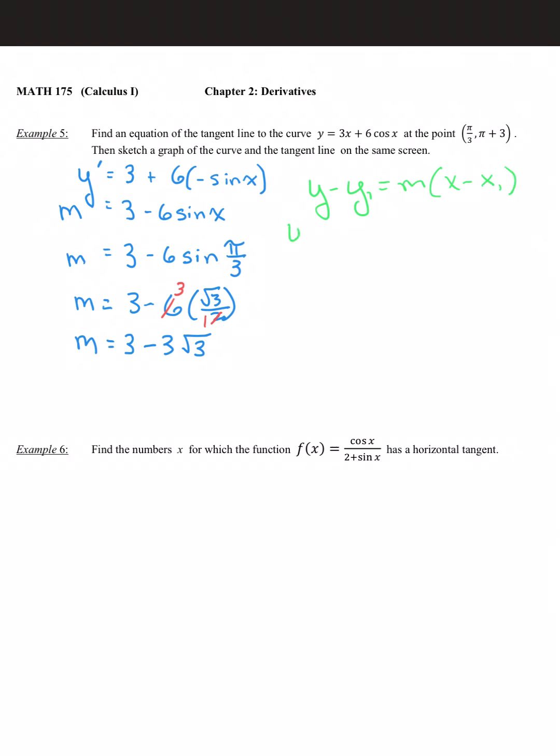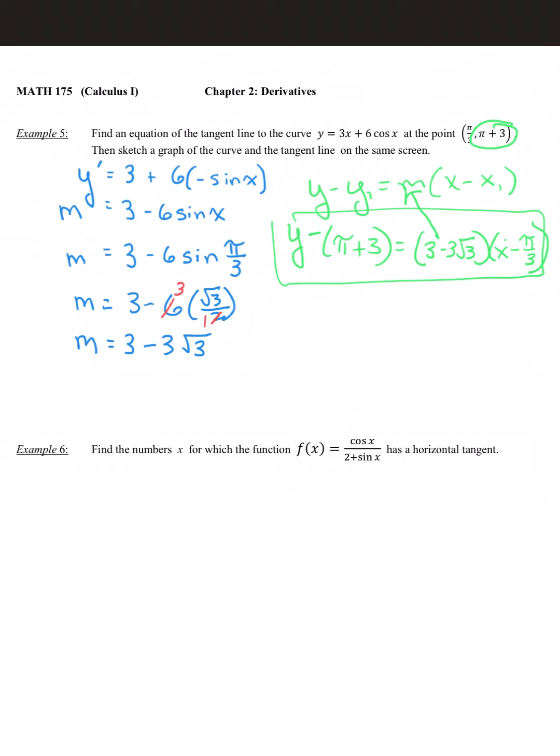And we're just going to plug in the y value, the m, and the x value. And if you like, you can go ahead and distribute this, FOIL this, what have you, but I am pretty happy with this form right here.